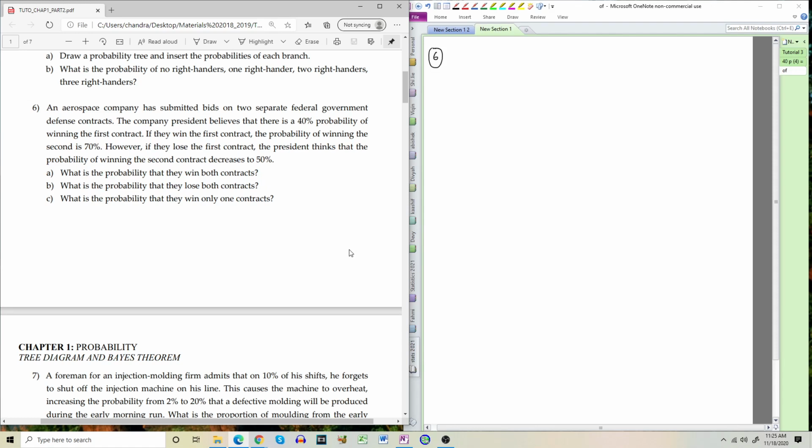The company president believes that there is a, first of all, hope you guys can read, two separate federal government defense contracts.